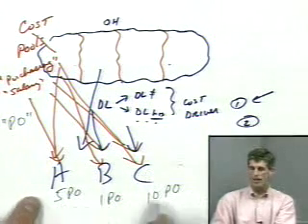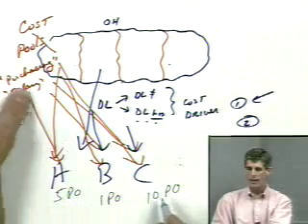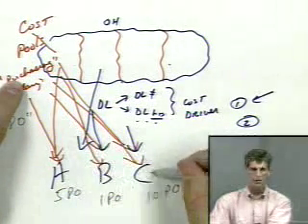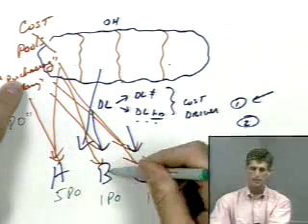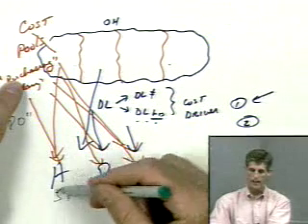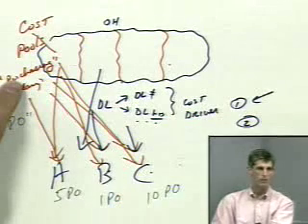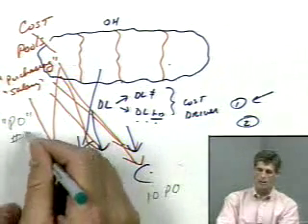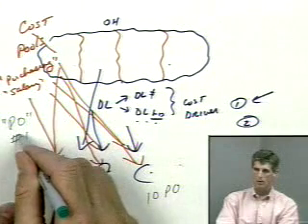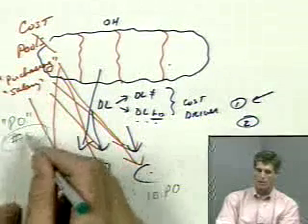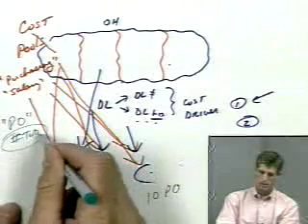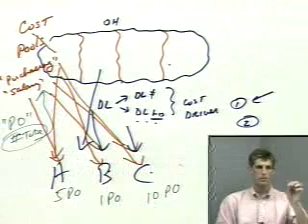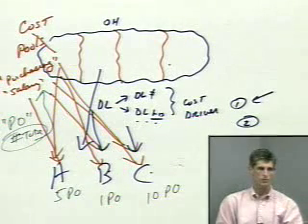Now, how does that suggest that we should then allocate purchasing? Relatively more should go to what? C. Relatively less goes to B, and A's in the middle someplace. So what would happen is they would total up the total number of purchase orders, divide that total number into the total cost, and get some cost to produce each purchase order.